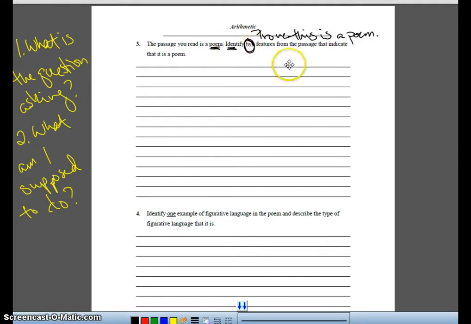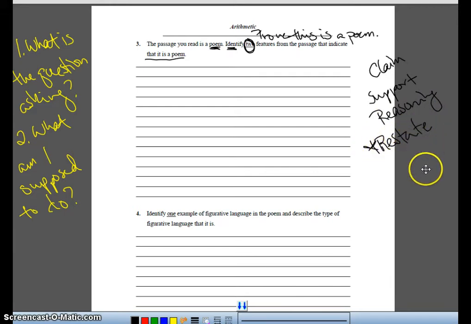So I'm being asked to identify that it is a poem or prove it. Okay, again, we need to make sure that there is a claim, support, reasoning, and always, always, always restate.